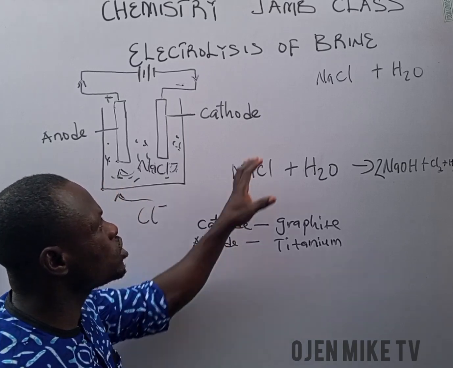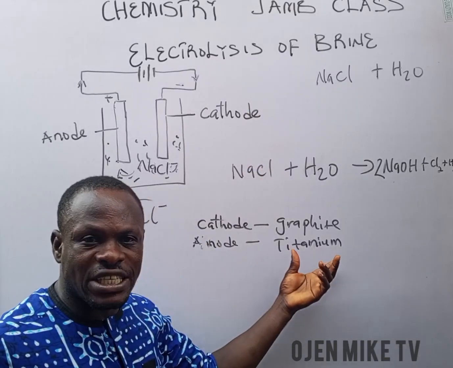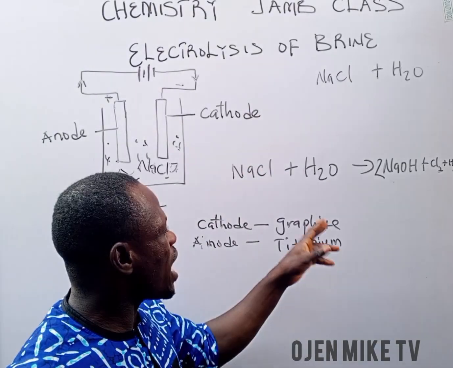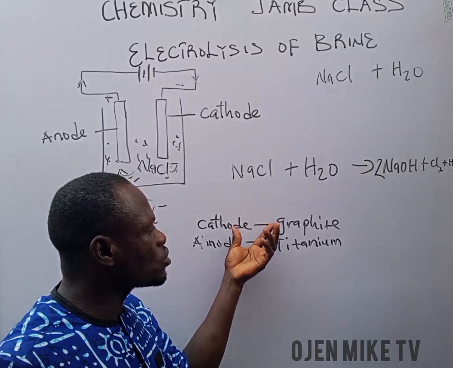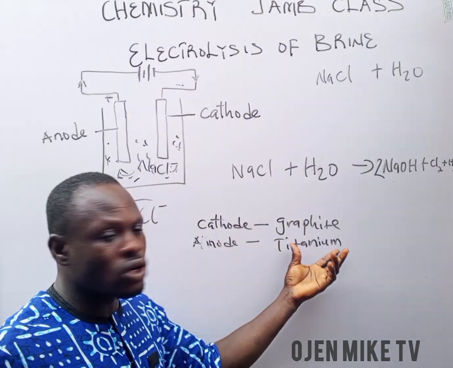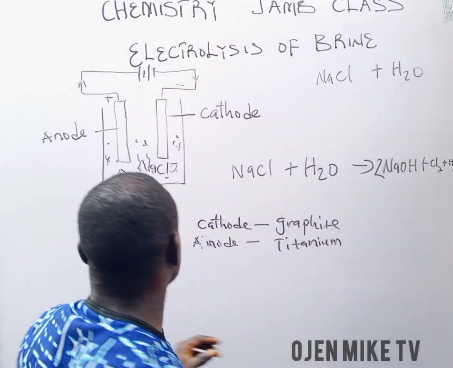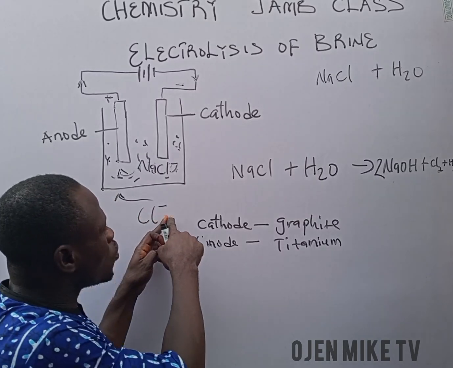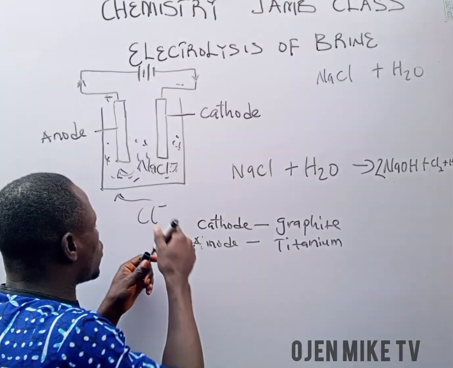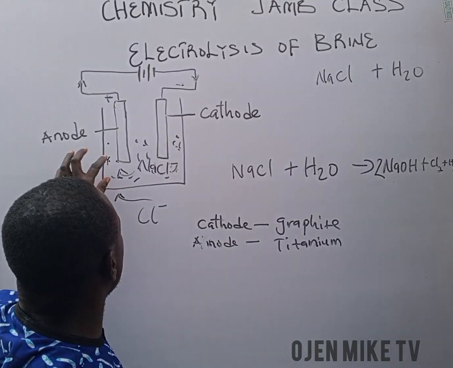So during the electrolysis of brine, your cathode is graphite, while your anode is titanium. Just know that.